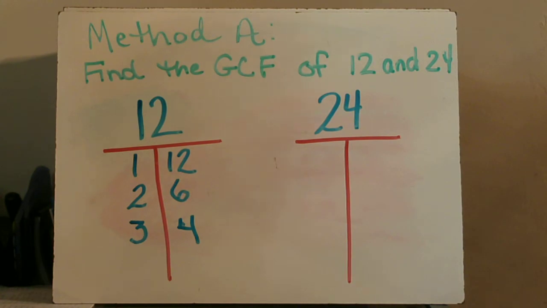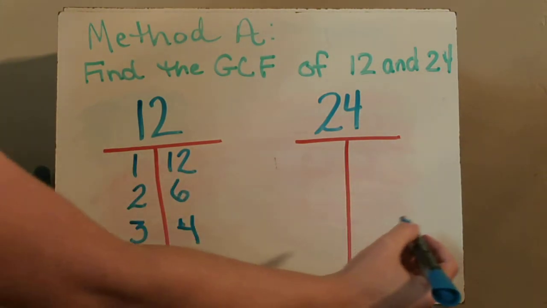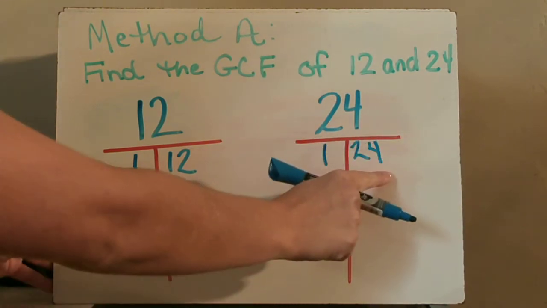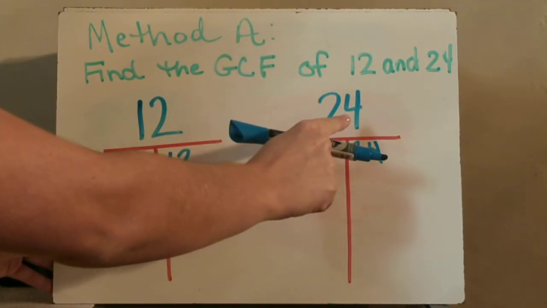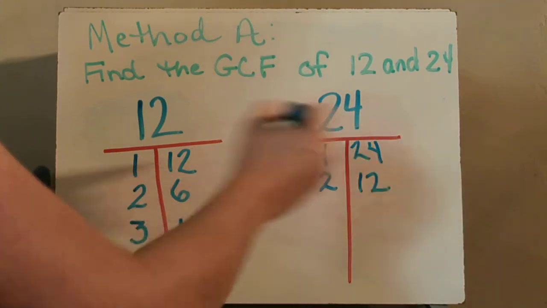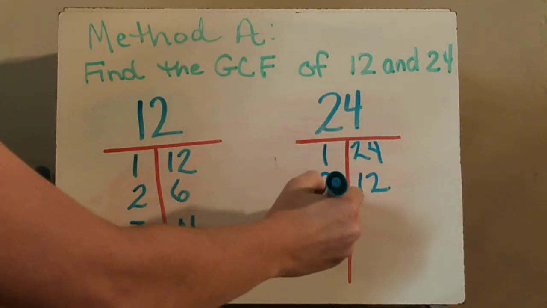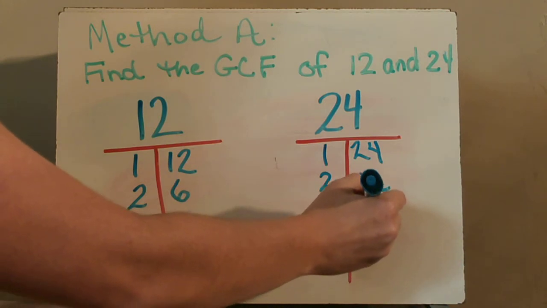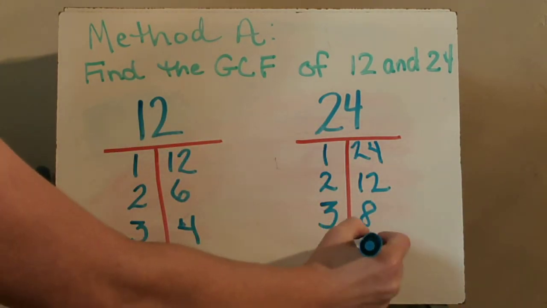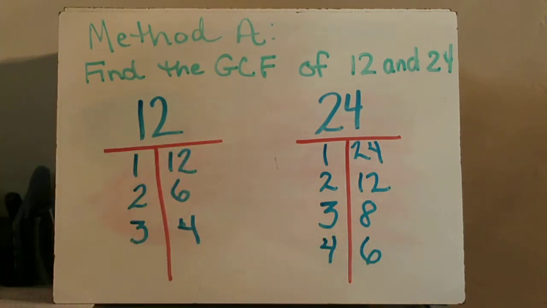Okay? Alright, so now the factors of 24. Well, I know that 1 times 24, so this gives me two factors, 1 and 24. But I also know that 2 times 12 equals 24, and 3 times 8 equals 24, and 4 times 6 equals 24.